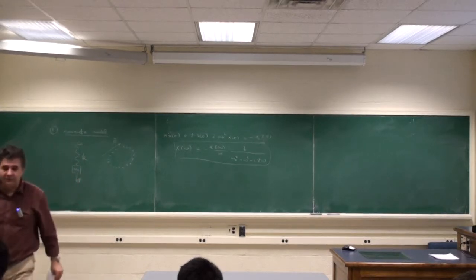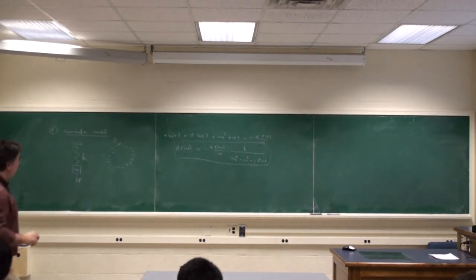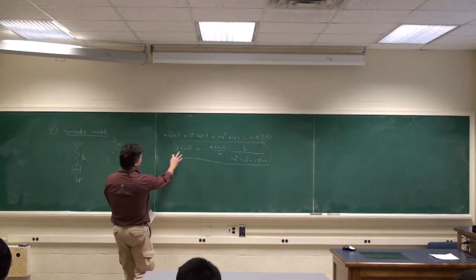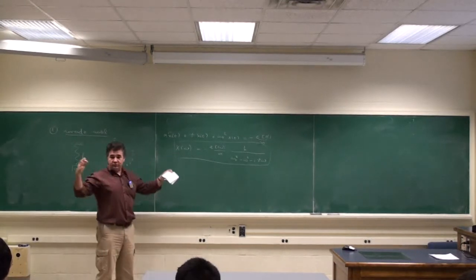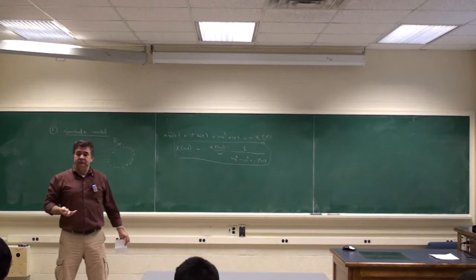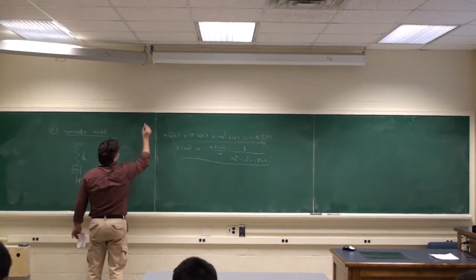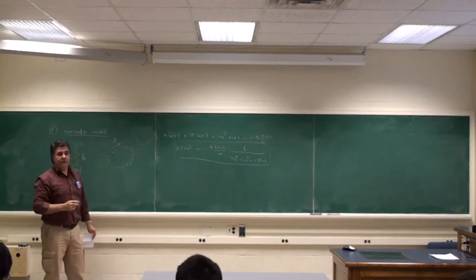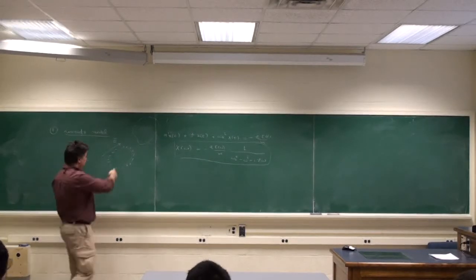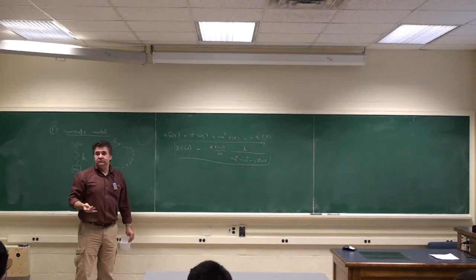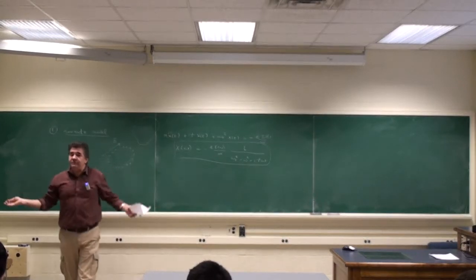Okay, but this is still a microscopic thing. How do we go to the macroscopic? In other words, if this is my volume and it's full of 10 to the 20 of these, what do I need to do? Yeah, I need to average them out, okay?